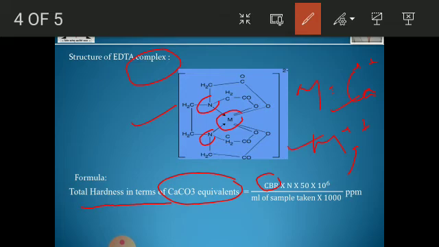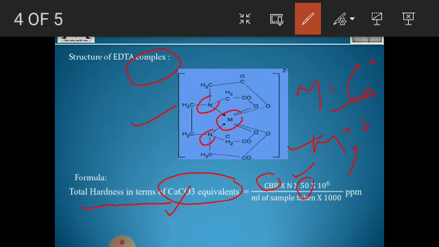Even if the water is hard due to calcium sulfate, we represent it as if it were due to calcium carbonate. To convert our answer in terms of calcium carbonate, we multiply in the formula by its equivalent weight, 50.